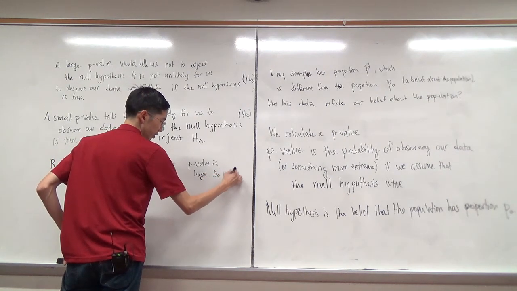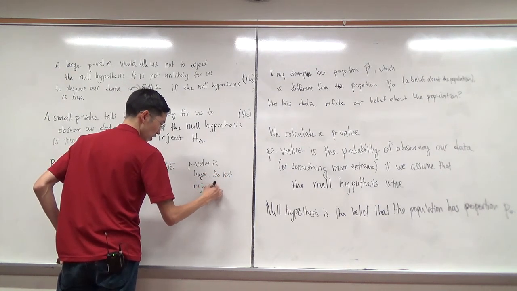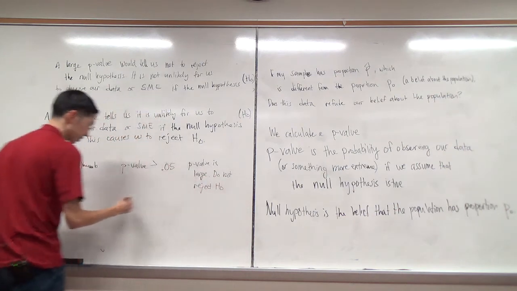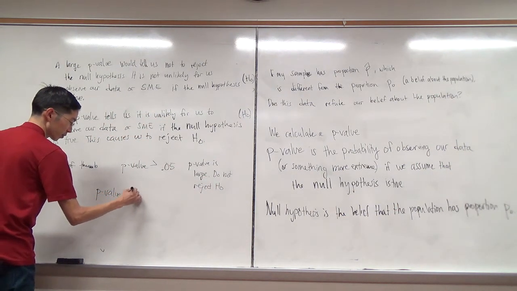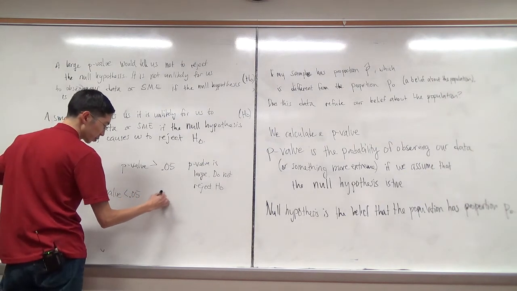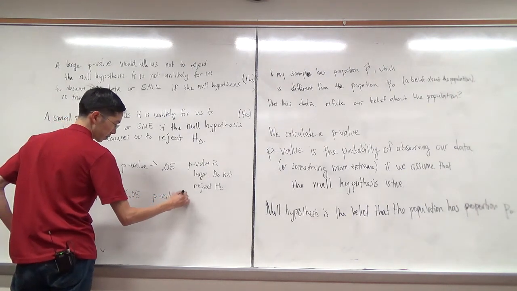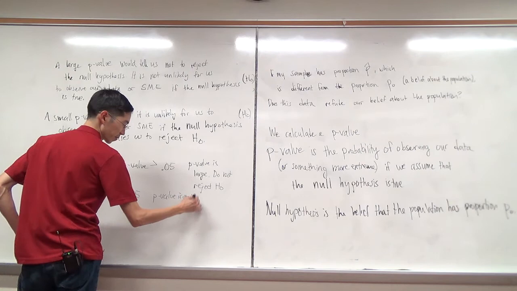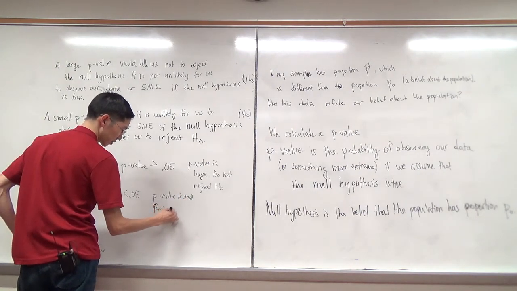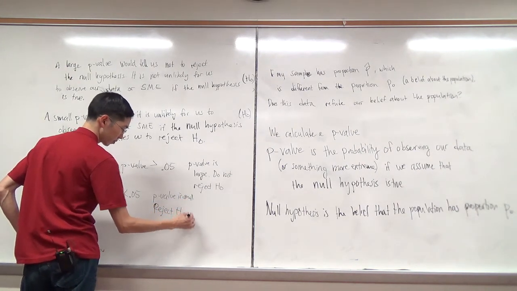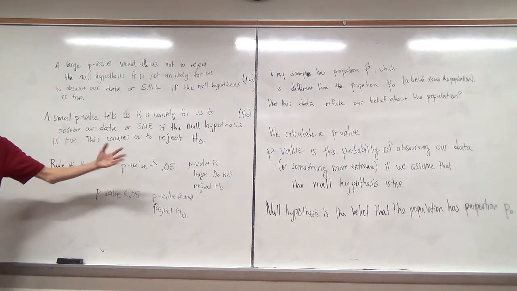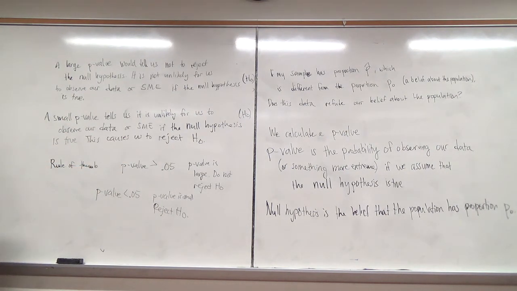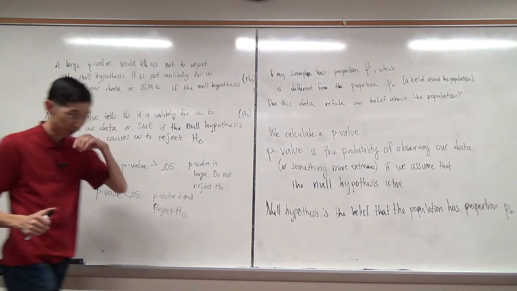Do not reject the null hypothesis. And on the other hand, if the p-value is less than 0.05, the p-value is small, reject the null hypothesis. We'll talk about when we should use something other than 0.05, but that will come in a future lecture.